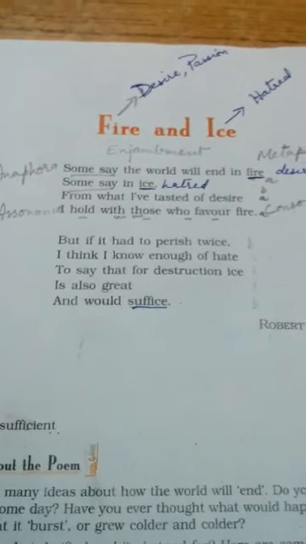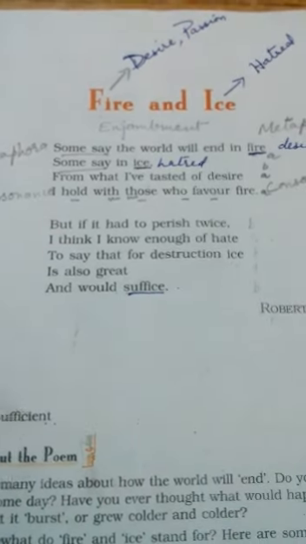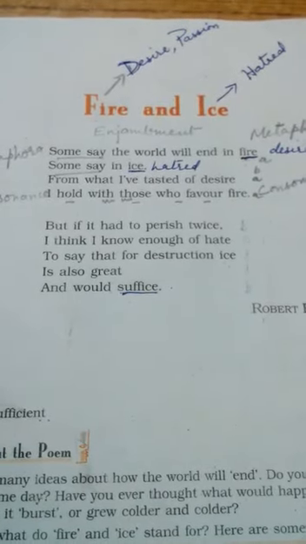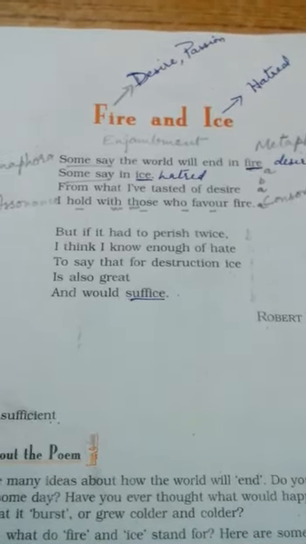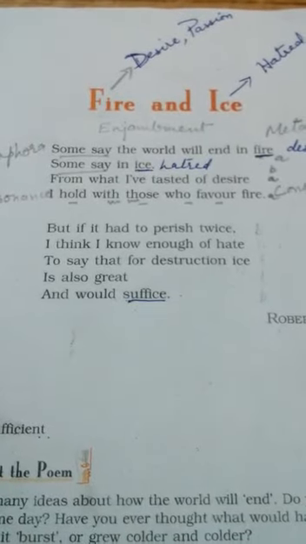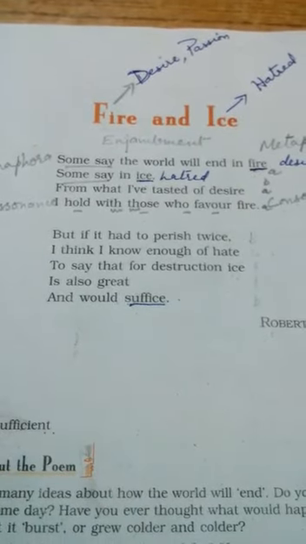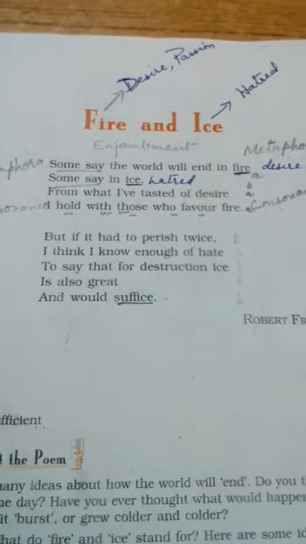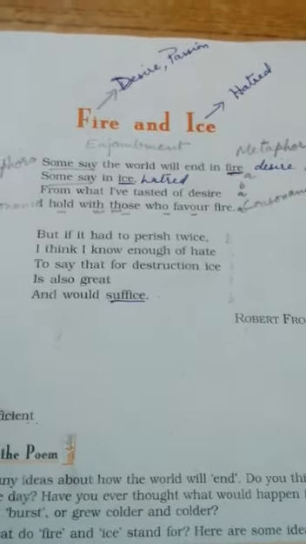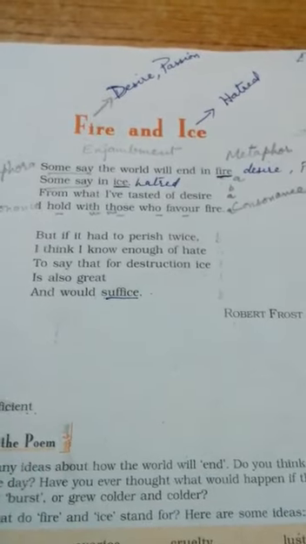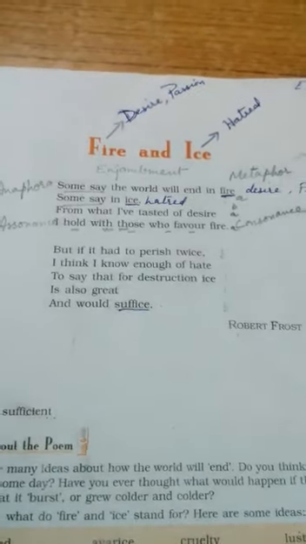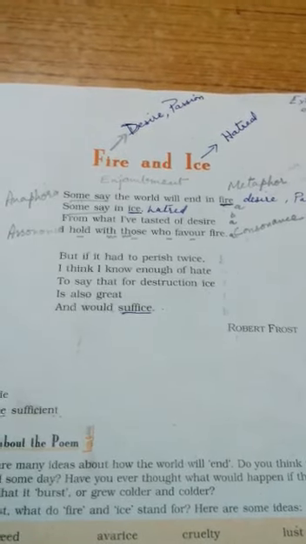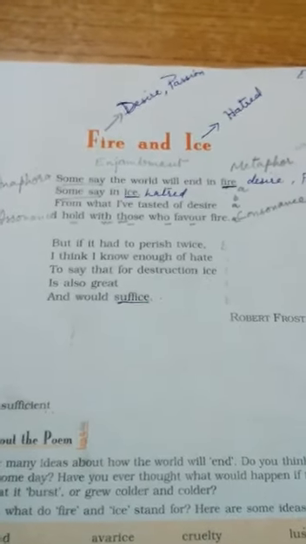See what's given here? Some say the world will end in fire, some say in ice. From what I have tasted of desire, I hold with those who favor fire. The poet says that some of the people, some means here maybe the scientists, the researchers, those who speak on the basis of the researches, on the basis of the study.